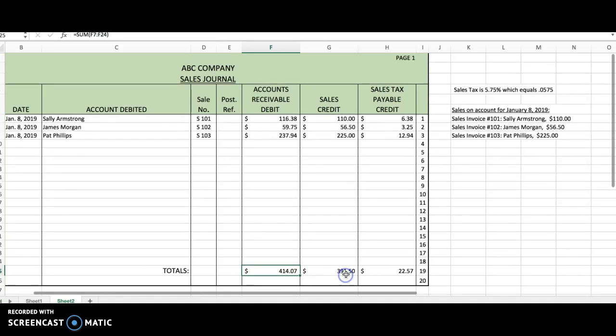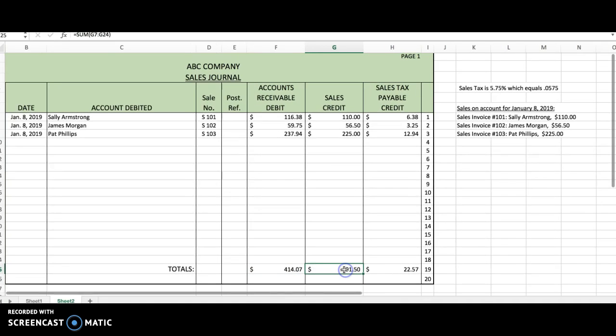Same way with credit. We don't do each one, same way with sales. We don't do each one of those sales separately. At the end of the day, there may be 15 or 20 or more sales on account. We simply use the total, go to the general ledger, and post $391.50 in this case.